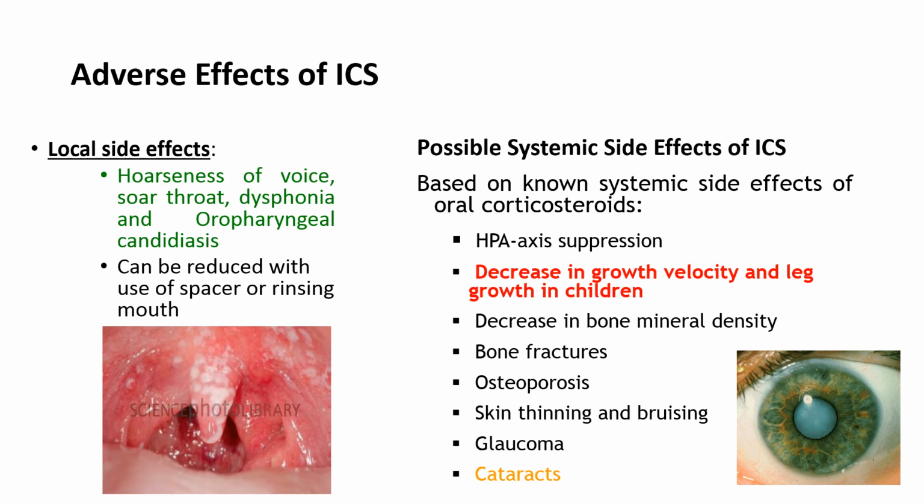The possible systemic side effects of inhaled corticosteroids are similar to those of oral corticosteroids, such as decrease in growth velocity, cataracts, bone fracture, osteoporosis. But compared to systemic corticosteroids, the chances of these side effects appearing with inhaled corticosteroids are relatively less.